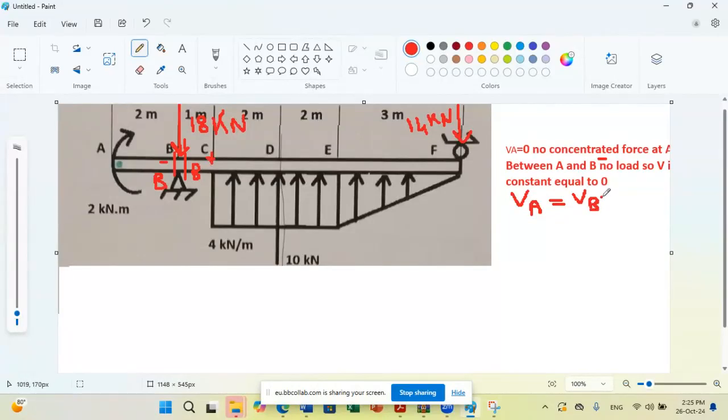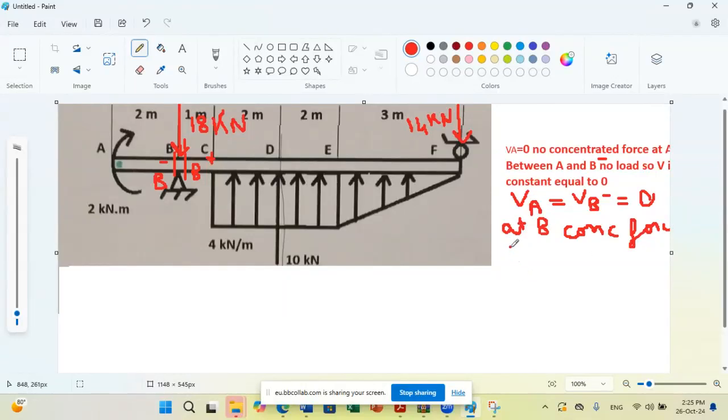Now what will happen at B? As you said, at B we have a concentrated force, so we'll have a jump. And how to find the value at B plus?